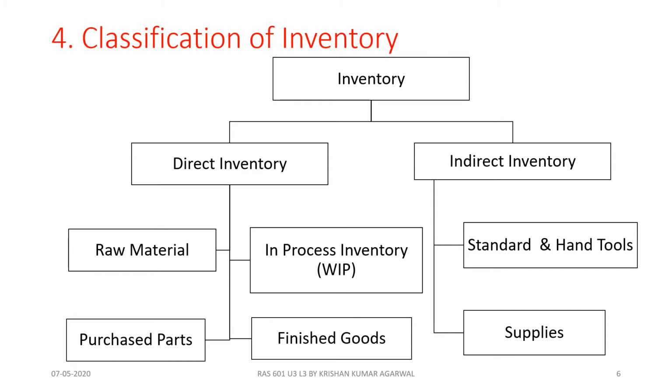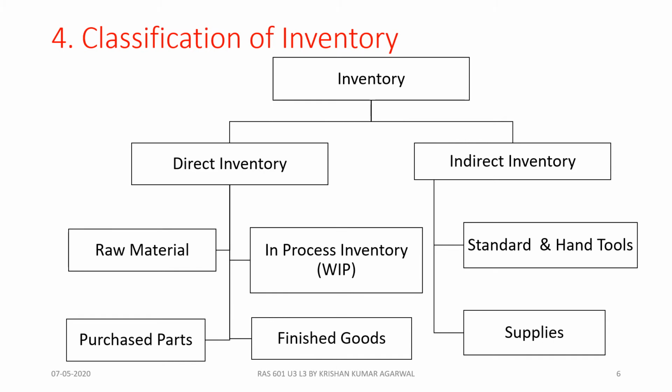It should be taken as inventory only, just because of the fact that the product is not processed or not assembled completely. And so purchased parts, purchased mechanisms also come under the category of inventory, direct inventory.